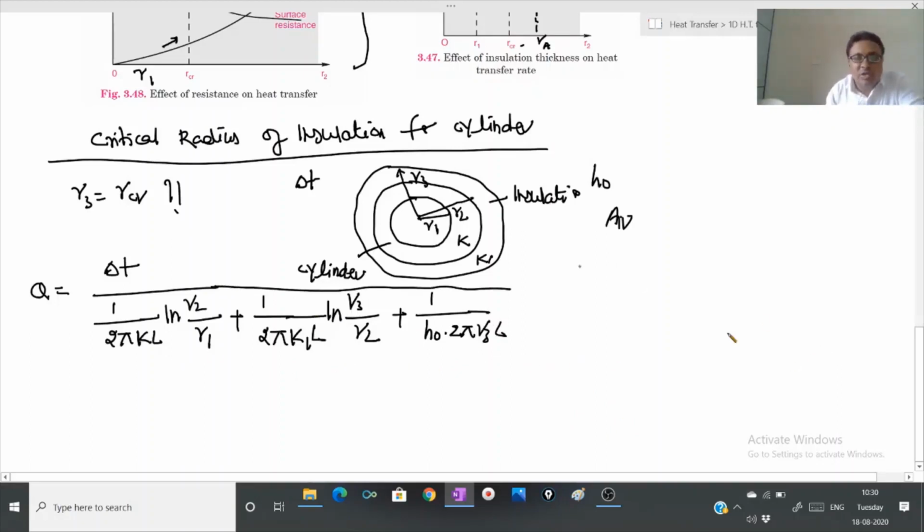You can also draw the equivalent electrical circuit for this.